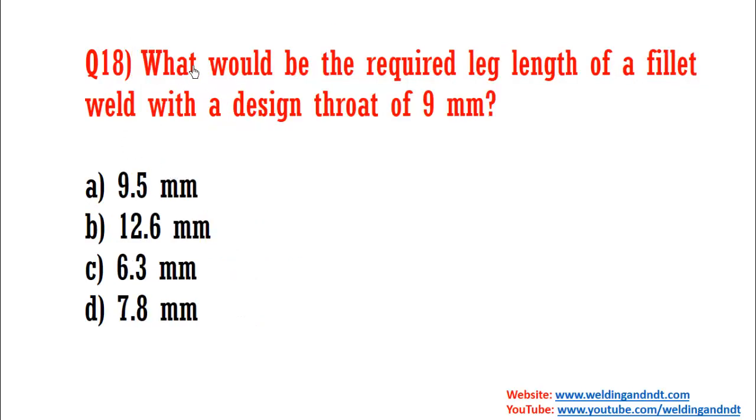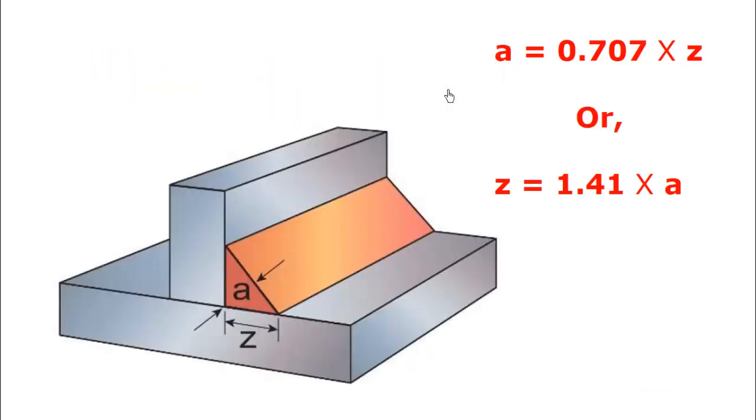Now question number 18. What would be the required leg length of a fillet weld with a design throat of 9 mm? Here the throat is given and they are asking us to calculate the leg length. Here you can see the leg length is denoted by Z. This is the leg length, and the distance from the root to the face center is known as the throat and it is denoted by A. If A is given, then you can calculate the leg length from this formula, and if the leg length is given, then you can calculate the throat from this formula.